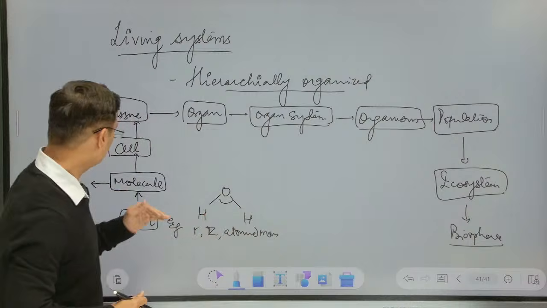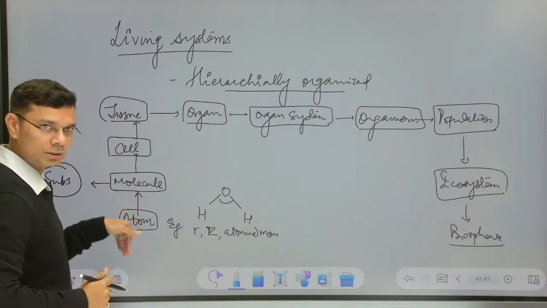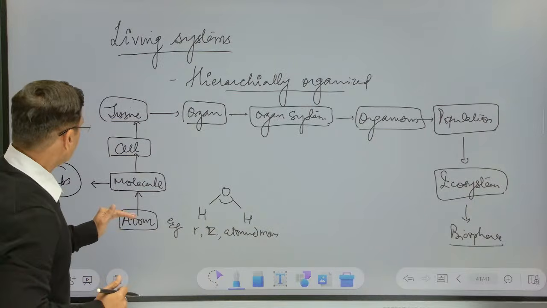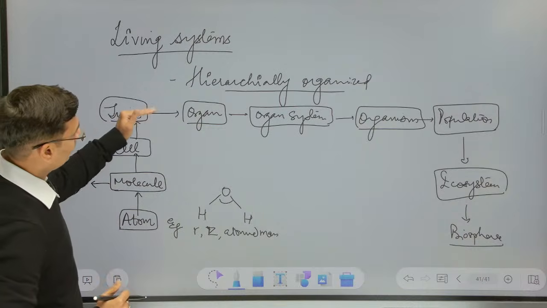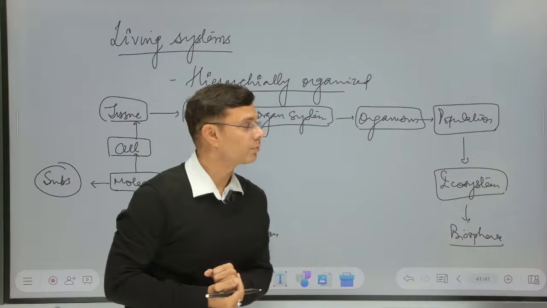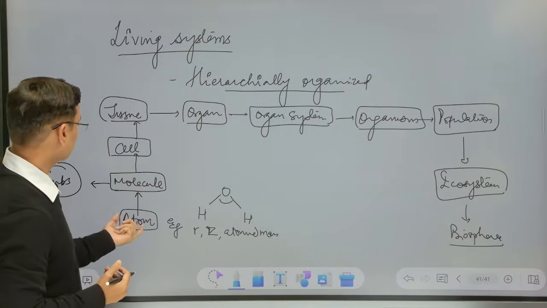From this level, we can even go beyond this also, subatomic particles, but we are not interested in that. If we are going to a higher level of organization, now you have to think what new states are emerging. Let's say pressure.